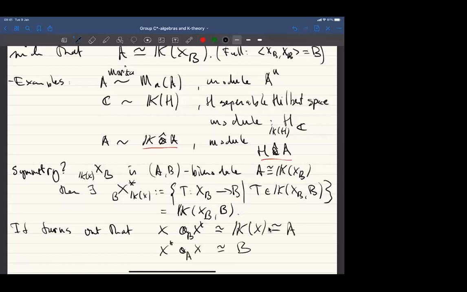So if you have a Morita equivalence between A and B, then there is a dual module which is a Morita equivalence between B and A. So X star is an equivalence between B and A. And that gives you the symmetry of the relation.